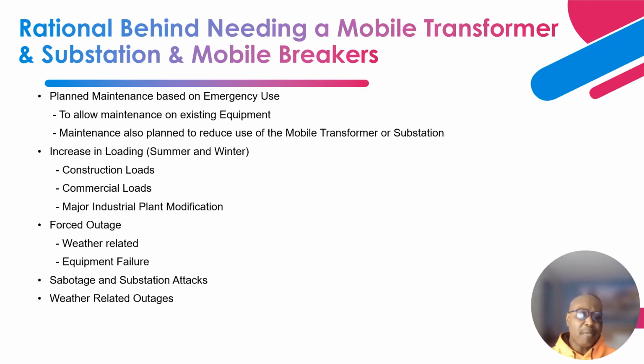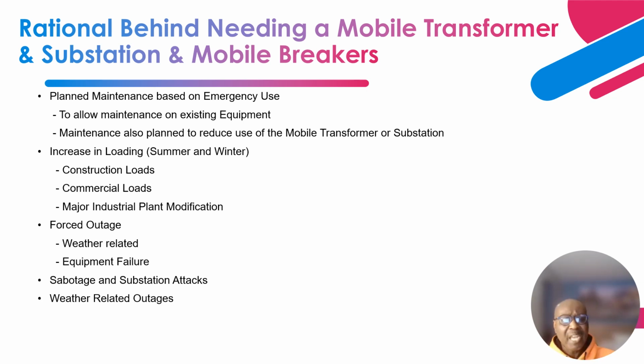Okay, so now let's take a pivot on this slide. Let's talk about the rationale, the reason behind why we need a mobile transformer, mobile substation, or a mobile breaker.